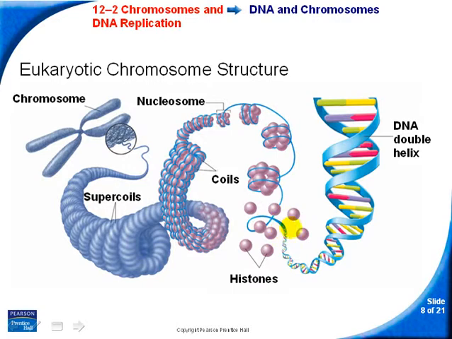Here's a look at it. Here's your DNA. Here are the histones. These are proteins. The DNA is coiling around the histones, and when they coil into these balls, it's what we call a nucleosome. Then nucleosomes coil up into coils, and the coils are coiled up into supercoils, and you can see that all these supercoils go around together to make up the chromosome.